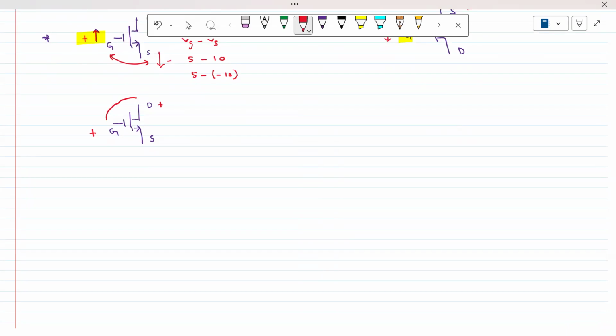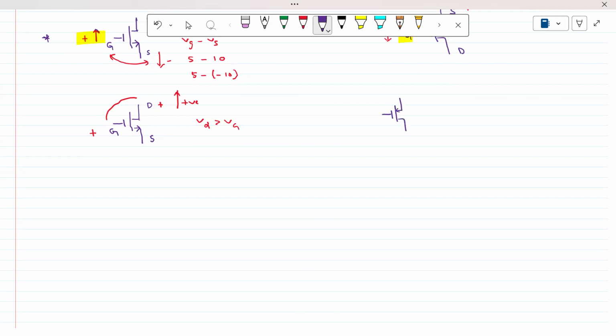It should be more positive, more positive than the gate, keeping the source at the same potential on the input side, the left side and right side. Okay. Therefore, if the VD value is greater than VG, then it is saturation. Okay. What about here in this PMOS transistor?